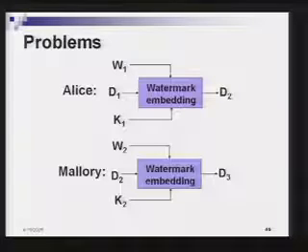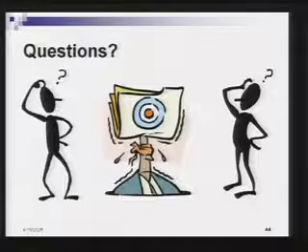But this is a very interesting problem that's still to be solved. This is a solution with the assumption that the data will have both watermarks, that this watermark will survive the second embedding, but maybe it may not. So that's the problem. Any other questions?